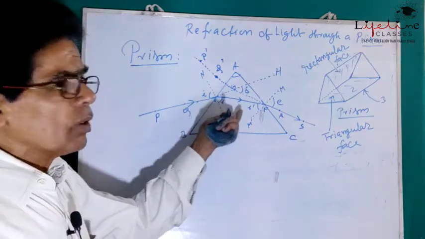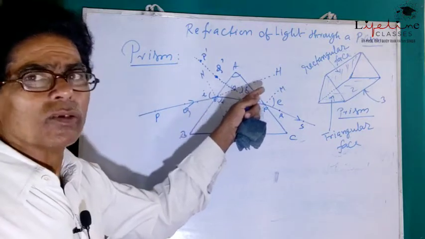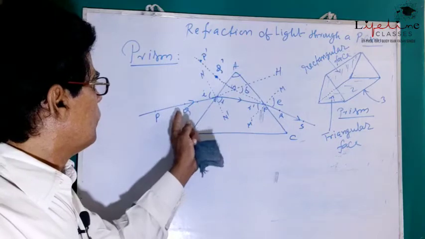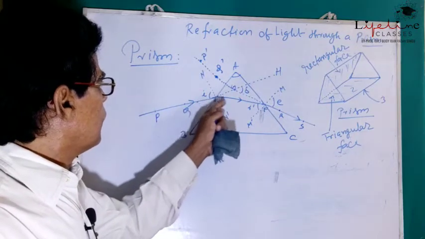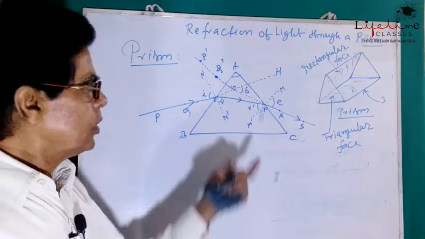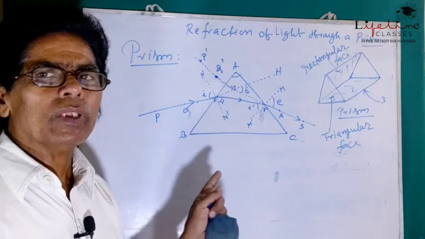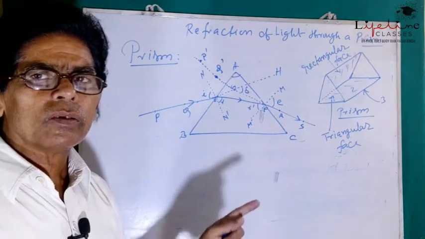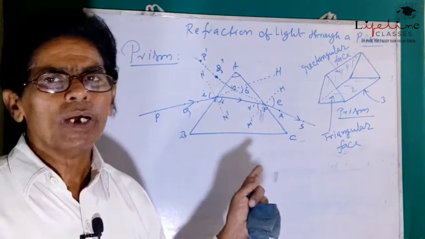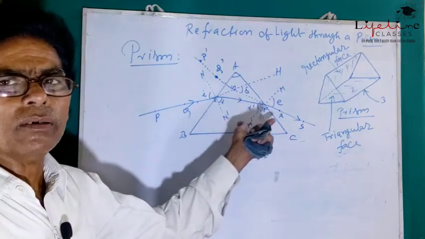But due to the presence of the prism, the path of light gets deviated from PQH to PQEFH. So this is the deviation in the path due to the prism. This phenomenon is called refraction of light through the prism. Here there are 2 points where the refraction occurs.